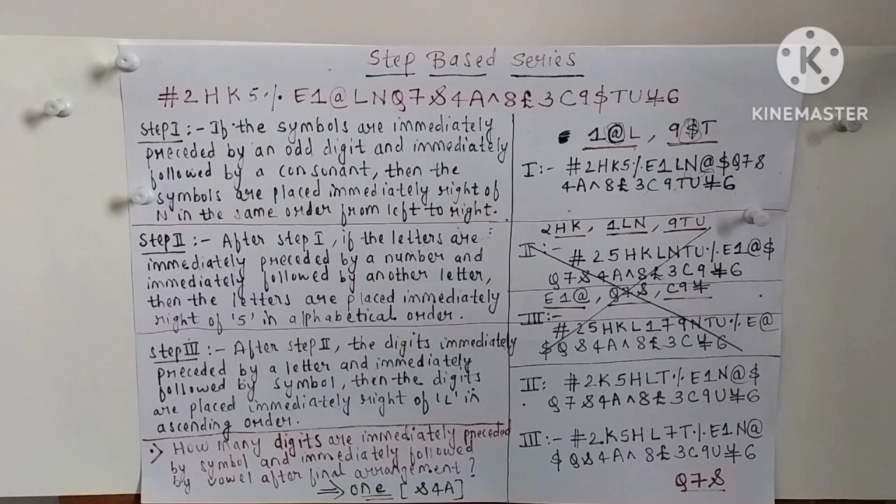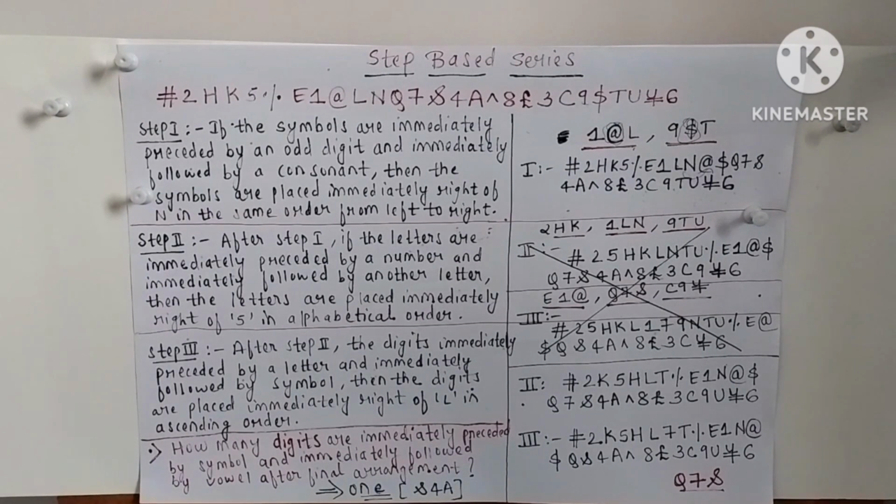Next, step 2 is saying what? After step 1, if the letters are immediately preceded by a number and immediately followed by another letter, then the letters are placed immediately right of 5 in alphabetical order. So that's why it is called a step based series. After the first step you need to follow the second step.